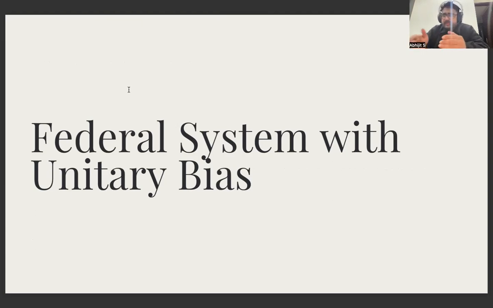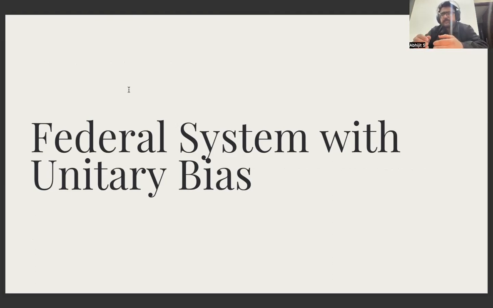If you were to compare between the two, you'll realize that there is a slant towards the unitary, towards a strong center, or there is a unitary bias. So it is a federal system with a strong unitary bias.